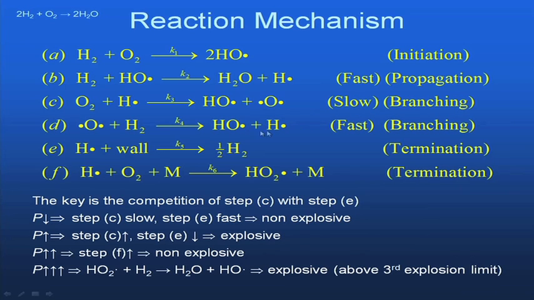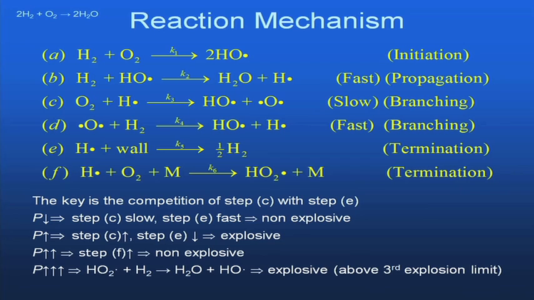Another step is fast, and which is also branching, is O double dot plus H2 producing OH dot and H dot. It is with K4. And recombination at the wall: H dot plus wall means it collides with the wall to produce hydrogen back. It is called the termination. This is one termination step.